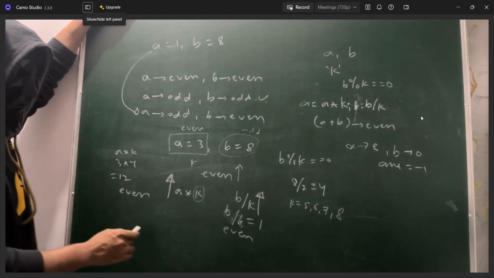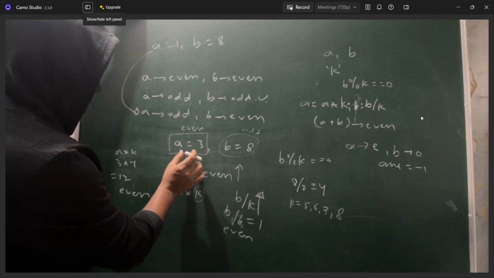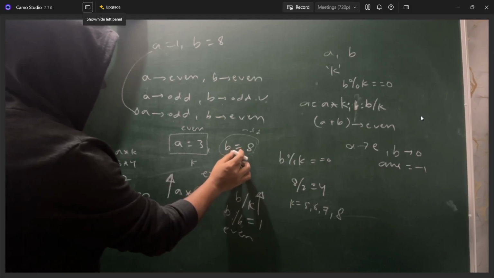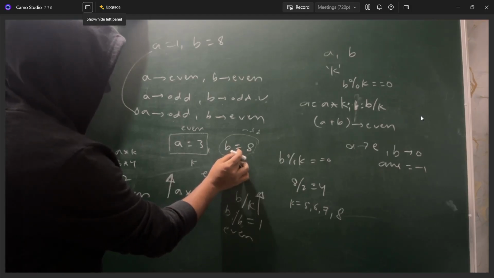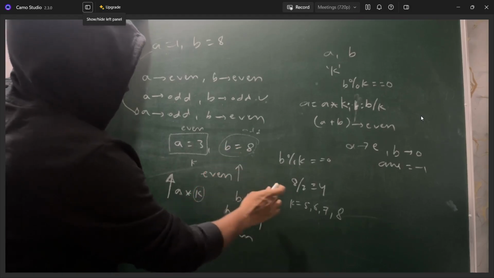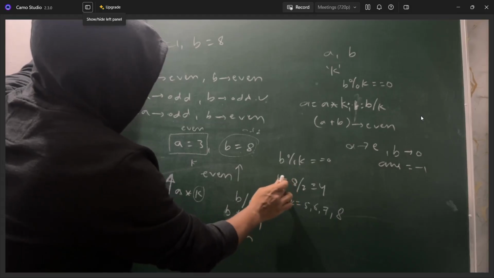So for this condition, whenever a is odd and b is even, you need to choose k in such a way that it is b by 2.